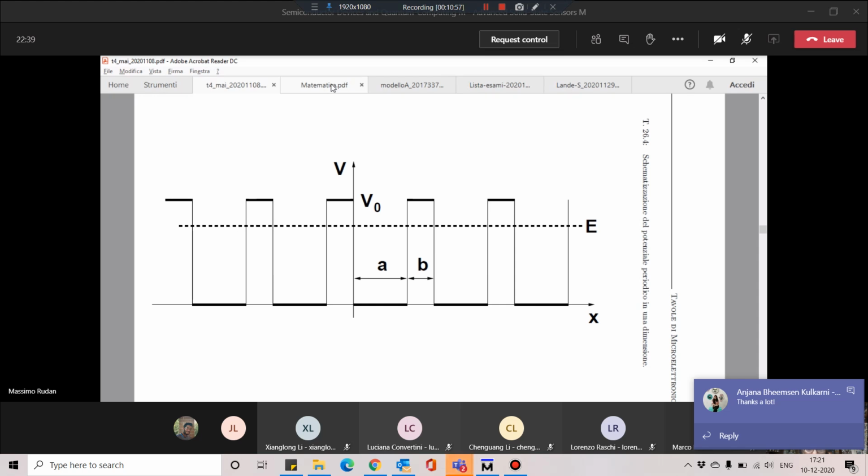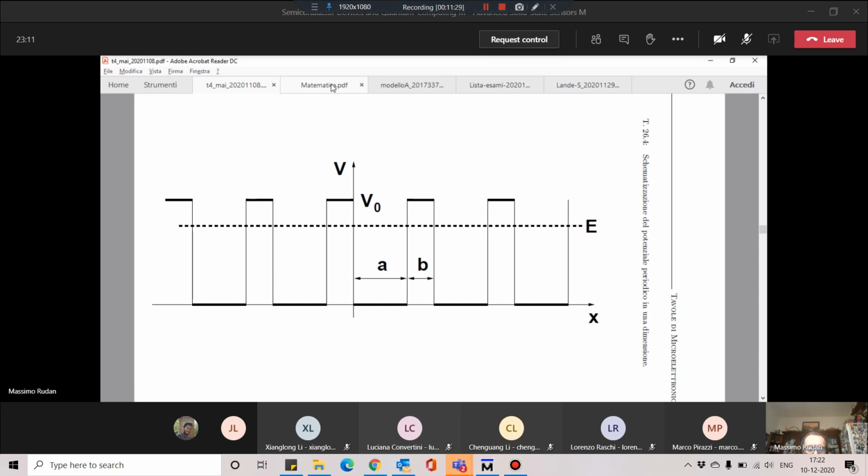We take a one-dimensional situation first, and we assume that the periodic potential energy has the form of a succession of barriers like those that you can see in the figure.